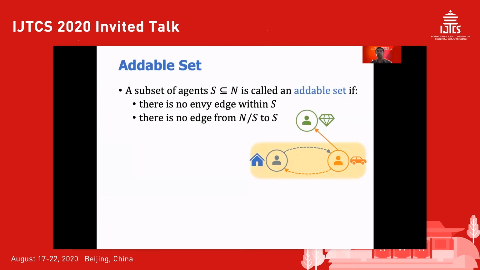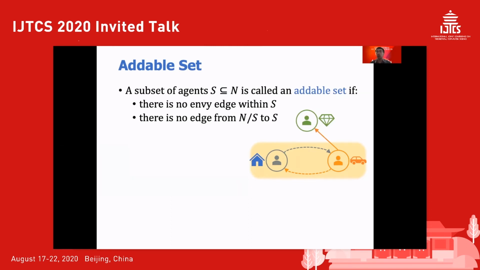Okay, so this is the definition of an edible set. Intuitively, what an edible set means is that for any agent outside of this set, such as the green player here, this agent would think that its own bundle has value strictly more than any of the bundles of the agents within the edible set.